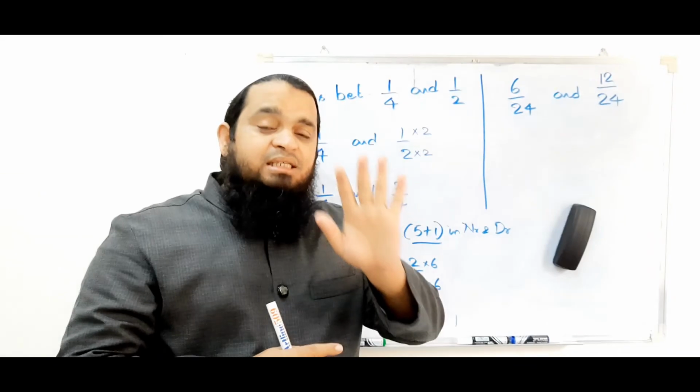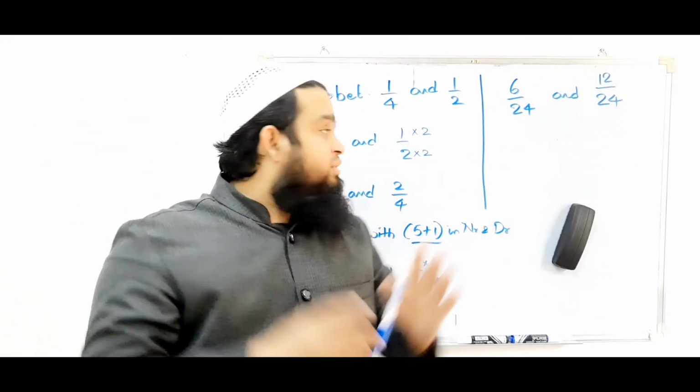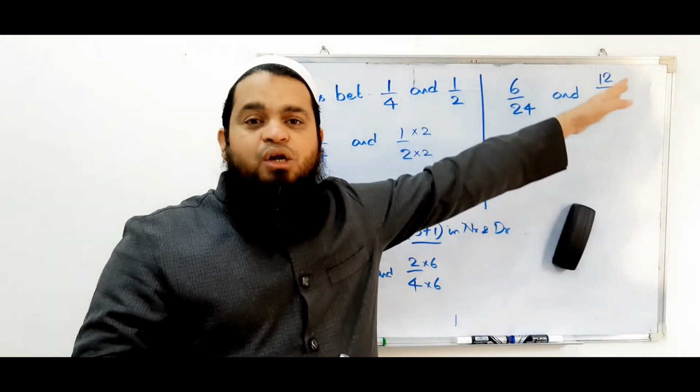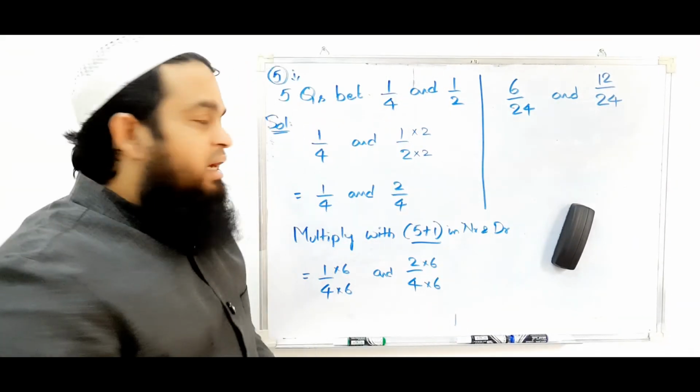When they ask rational numbers in between, you should not write the extremes. You should not write 6 by 24 and 12 by 24. So you get 5 rational numbers.